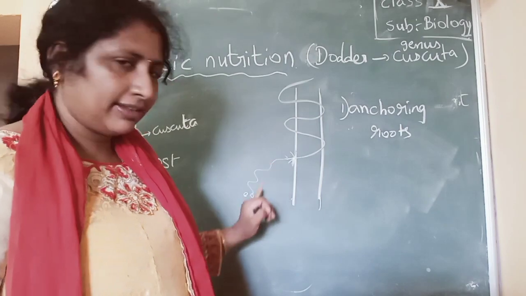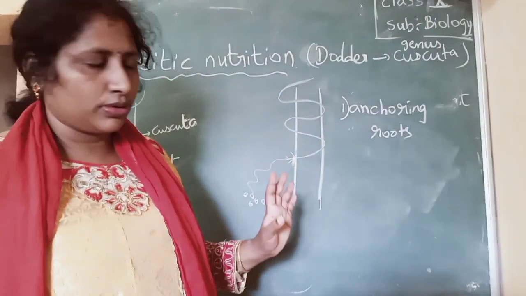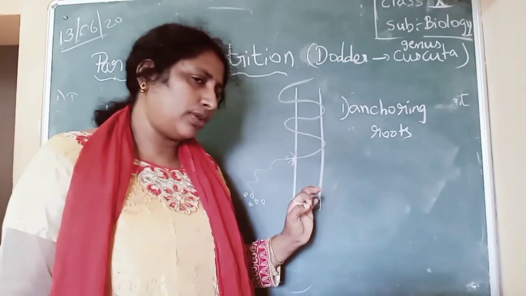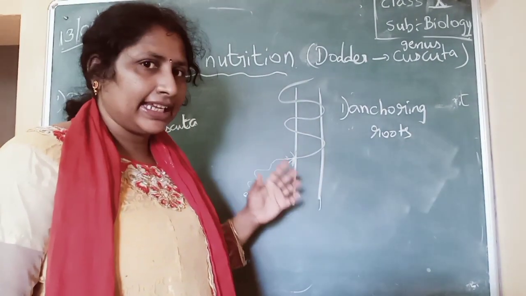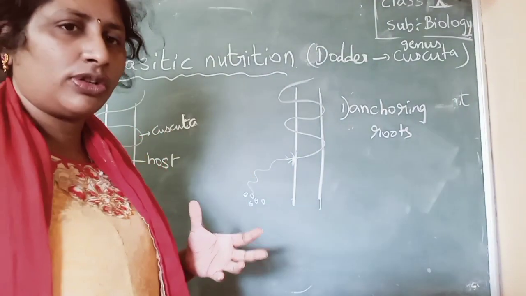The slender stem develops from the seeds, and they go in search of the host. When it finds its host, it will develop anchoring roots. For what? To fix to the host plant.